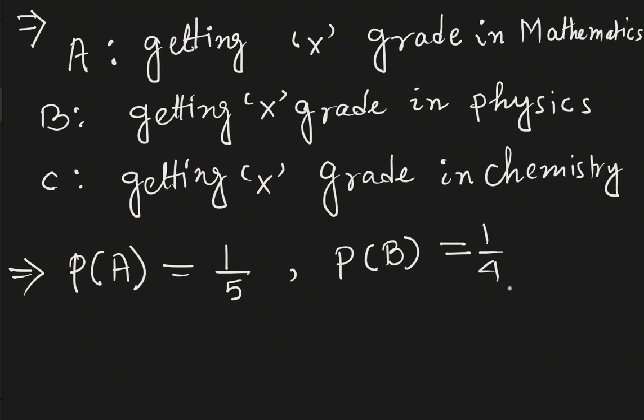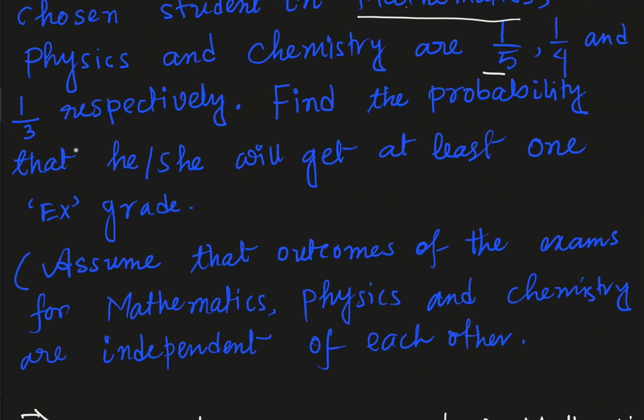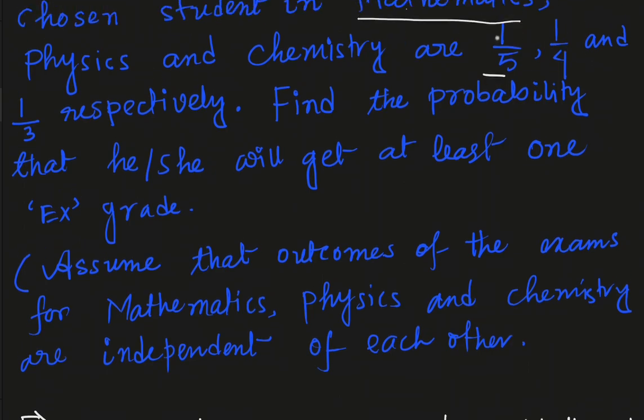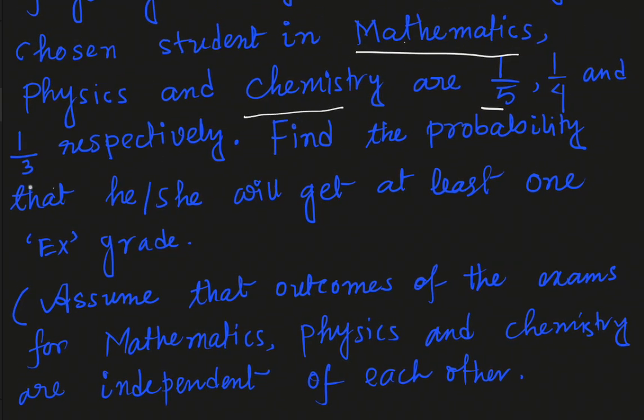And similarly, the probability of event C is 1/3, right? Probability of getting X grade is 1/3.